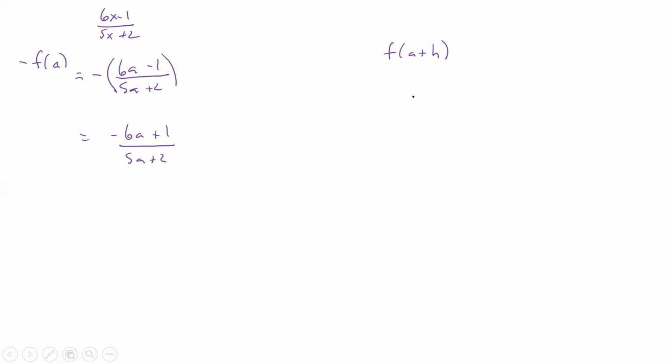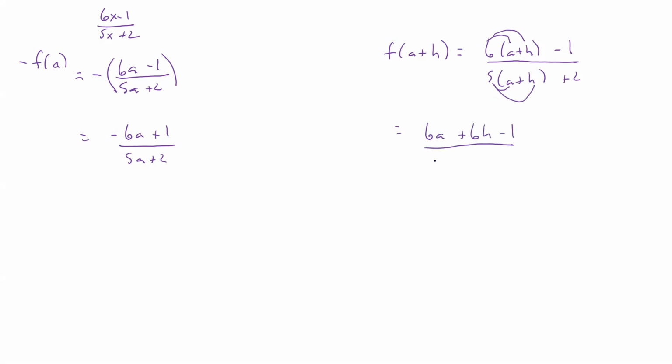Okay. Now if we plug in a plus h, that's going to be 6 times a plus h minus 1 all over 5 times a plus h plus 2. So then we have to distribute here, and we're going to have to distribute here. So in the numerator, we have 6a plus 6h minus 1.